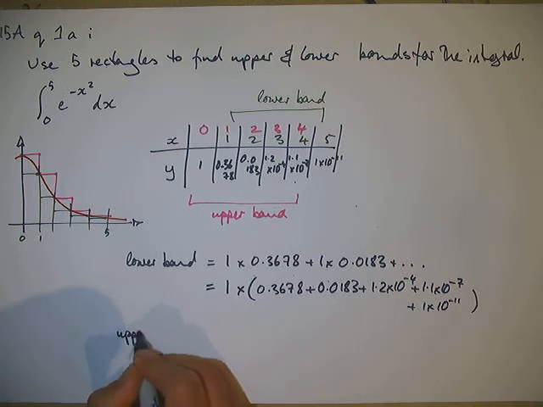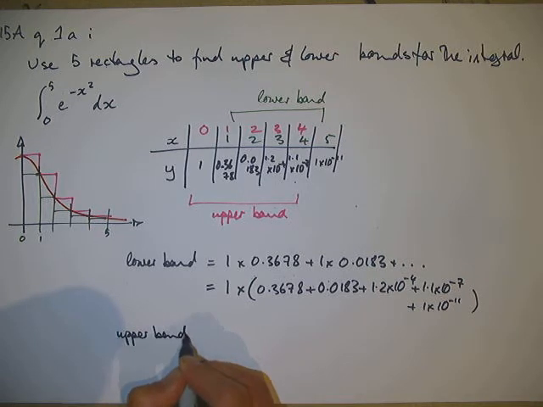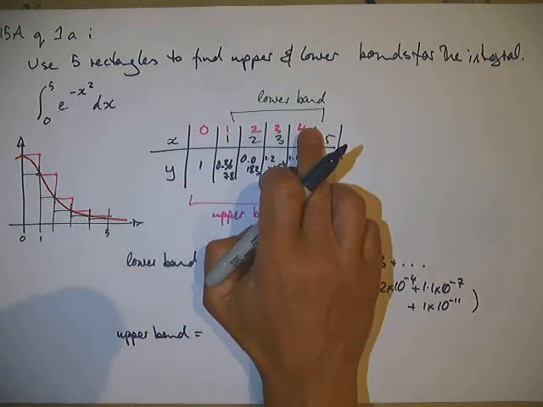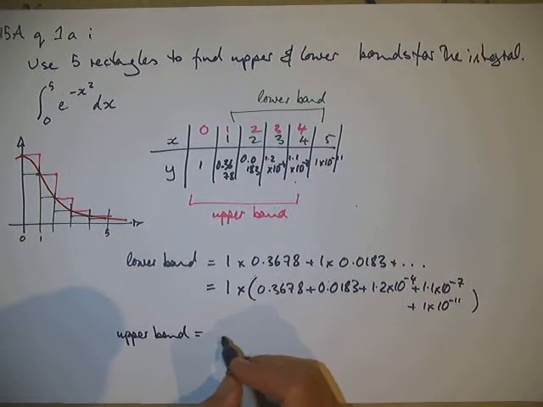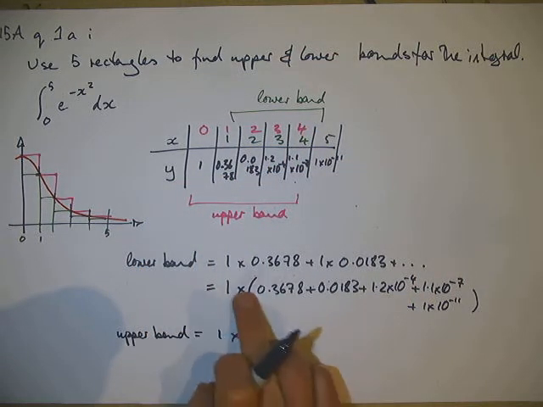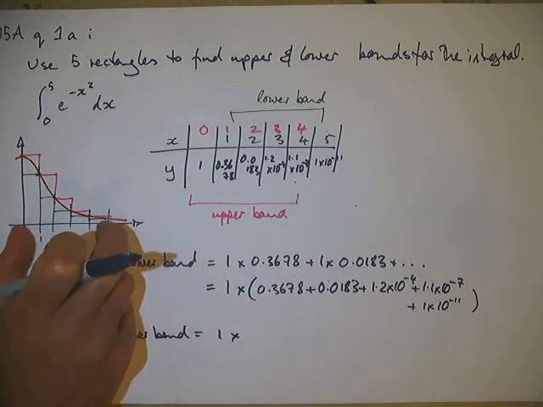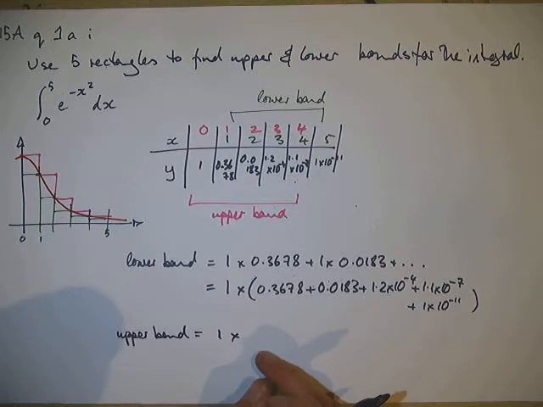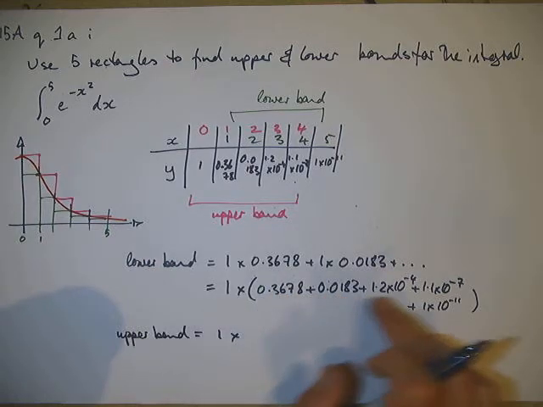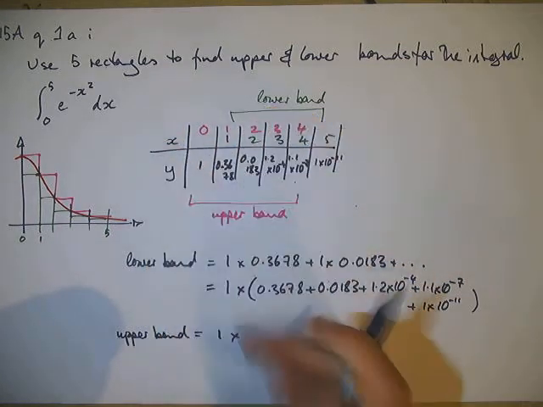The upper bound, in the same way, is going to use these 5 values for the heights of the rectangles. All the widths are the same, so this bit here is going to be the width of each rectangle, which is the interval divided by the number of rectangles. These are going to be the appropriate y values.